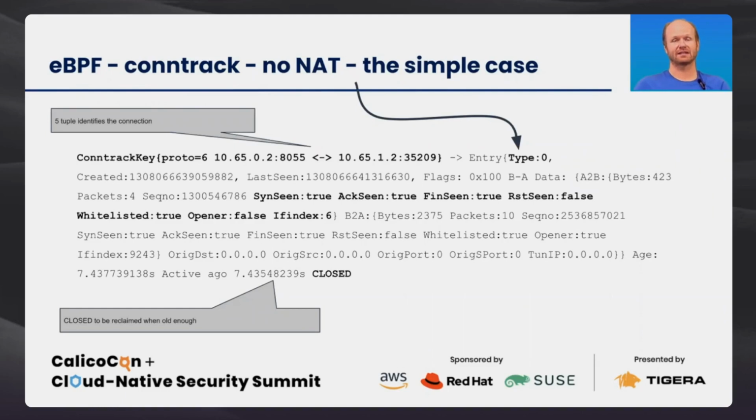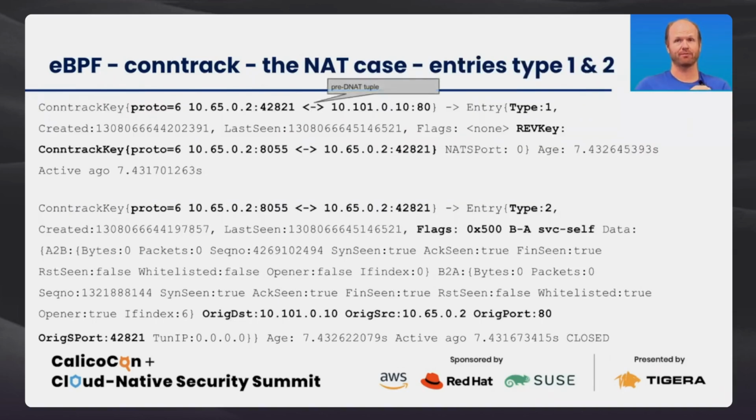In case of NAT and in case of a service, things are slightly more complicated. There will be an entry that shows the client and the service. That's the pre-DNAT tuple. And that also contains the reverse key, which identifies the connection in the opposite direction, from the destination towards the original pod or towards the original client.